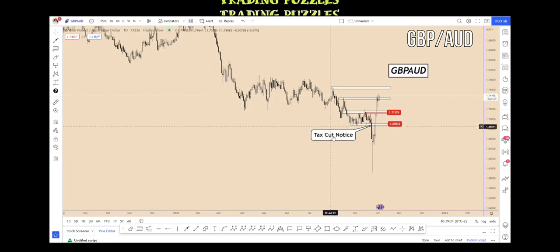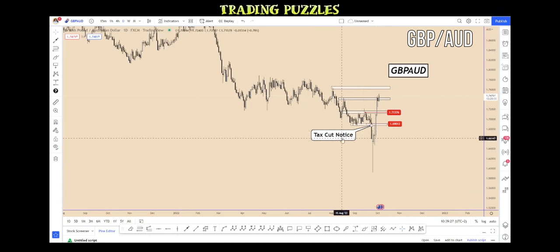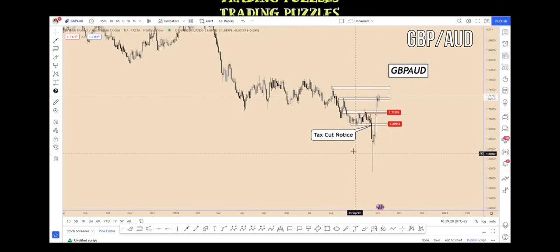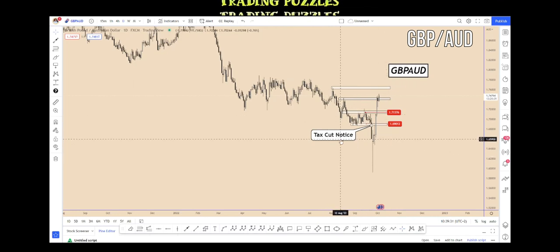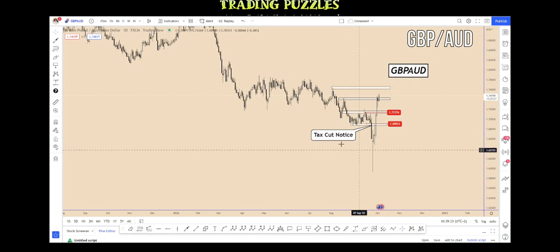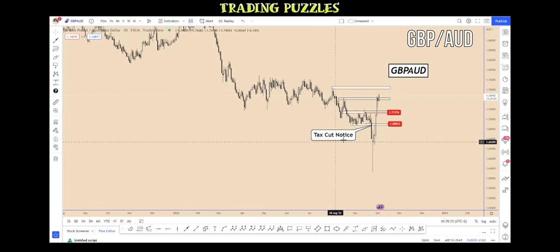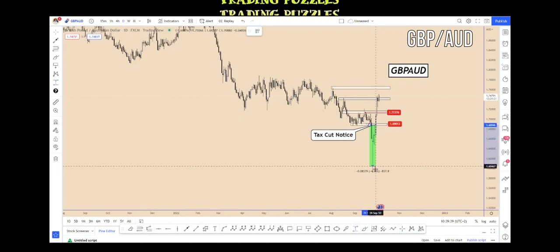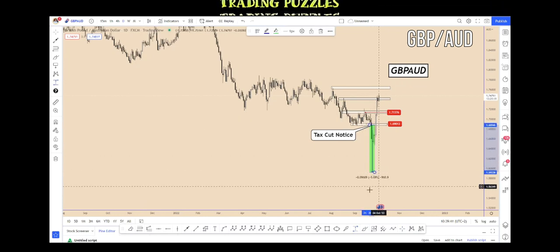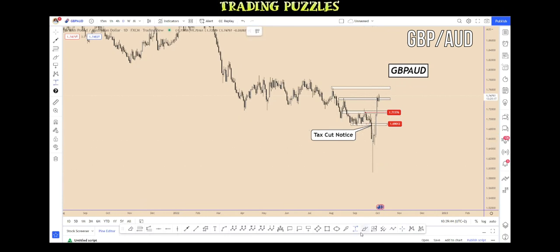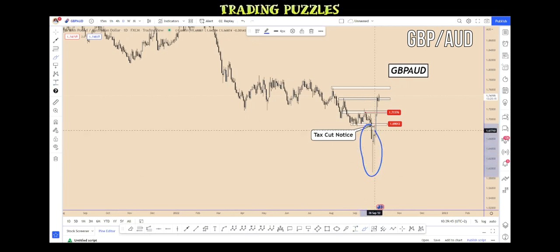The problem is that it was interpreted by the market that if they are going to cut the taxes at this moment, they will not support the economy by only the individual. So this is why the price crashed. But as we can see, it proved to be only a speculation, because at the market open, this was on Friday, all of this movement.